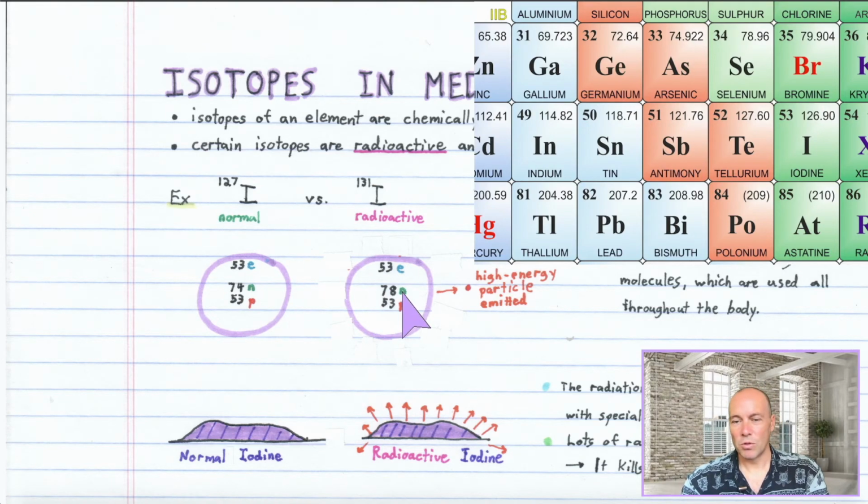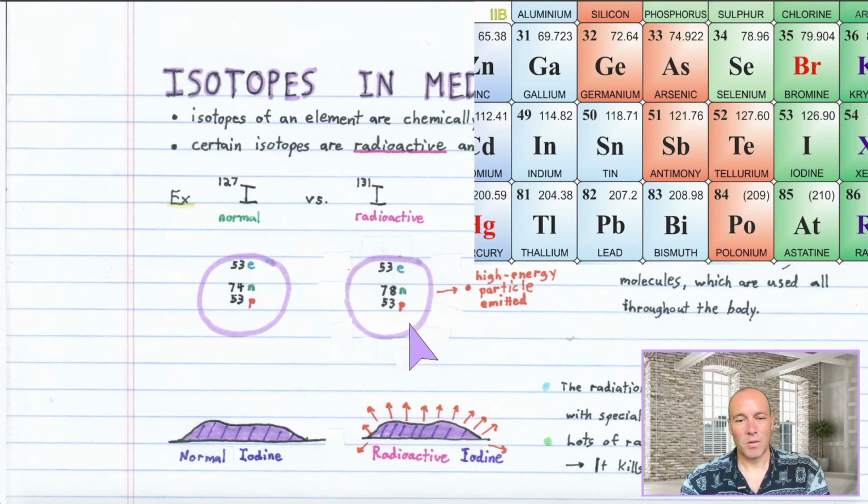It's the number of neutrons that differs in these two isotopes. To get the number of neutrons, you take the mass number and subtract the atomic number, and over here that equals 74. And then 131 minus 53 is 78. So you see this one has 4 extra neutrons, and somehow that makes it radioactive.